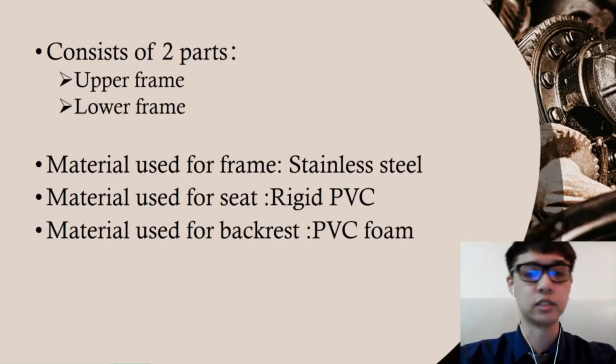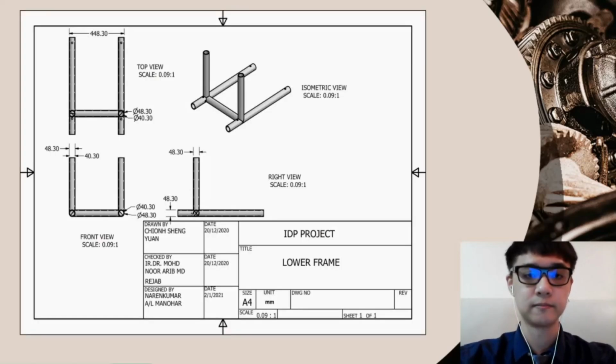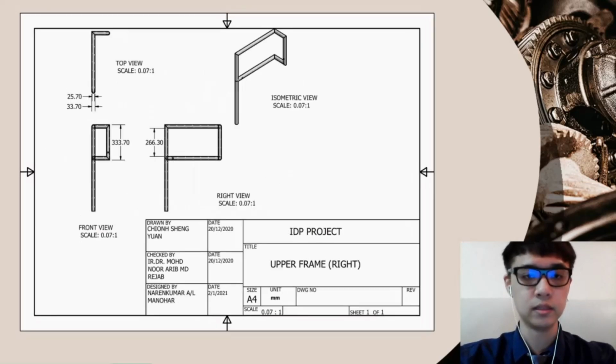The material used for the seat is rigid PVC, because we must make sure that it can sustain the body's weight. The material used for the backrest is PVC foam, to make sure that our user is more comfortable. So this is the design for the lower frame, and this is the design of the upper frame.